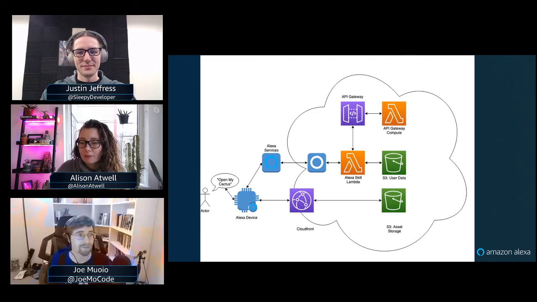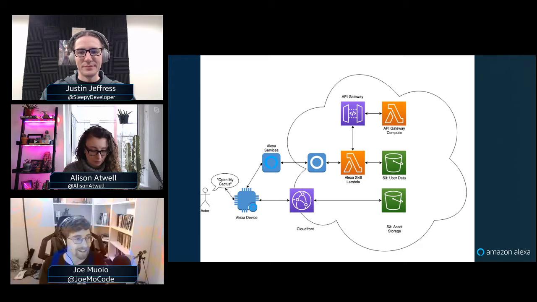Even in this, what I'm calling skill side authoritative in our skill, the voice and the Lambda drive all of the state changes that are core to the game. Then we have our S3 asset storage, where we're uploading things like the HTML for the page and the image assets like the badges, the background, etc. And this is being served from a CloudFront content delivery network to be close to the Alexa device and our nice little customer.